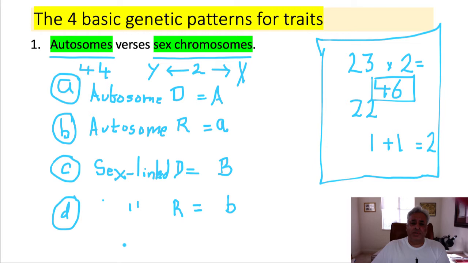Why am I pointing this out to you? Because the patterns of inheritance can vary depending on which one of these four classes the particular condition or trait is associated with. And that's one of the skills that we want you to learn. Just by looking at a pattern to be able to decide which one of these it is, or conversely, by being told which one of these it is to be able to deduce the pattern.